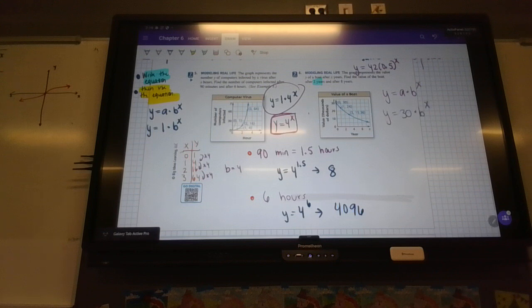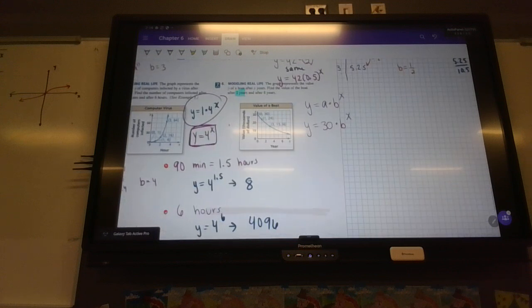We've got to figure out B, and this one looks less clear. I'm going to use a table. It starts as 30,000. After 1 year, it's only 24,000.